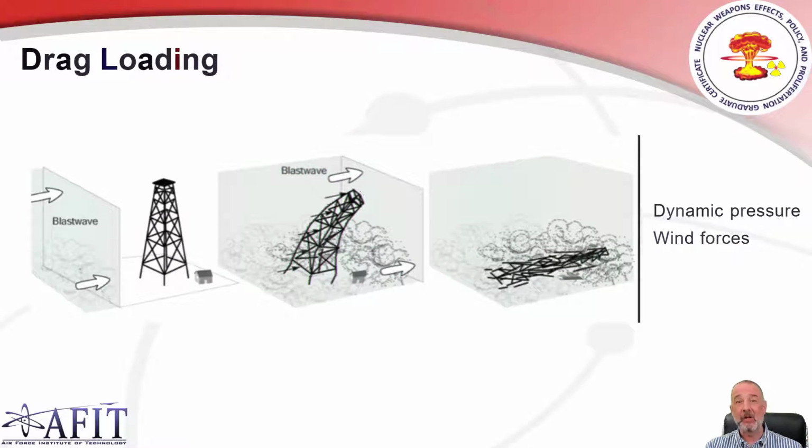Now the second kind of loading is called drag loading, and this is not from the overpressure from the blast front, but this is caused by the dynamic pressure following along behind it. Now in this particular example, you see that it's kind of like an open type structure, similar to a fire watch tower in a national forest, but it's truss and girder construction similar to something like a bridge or a radio tower or some of the bigger above ground power line structures.